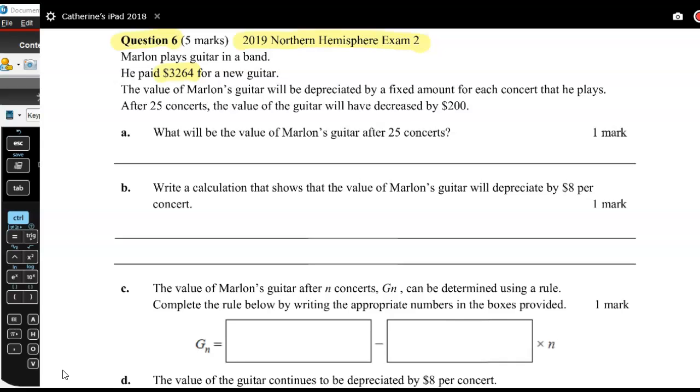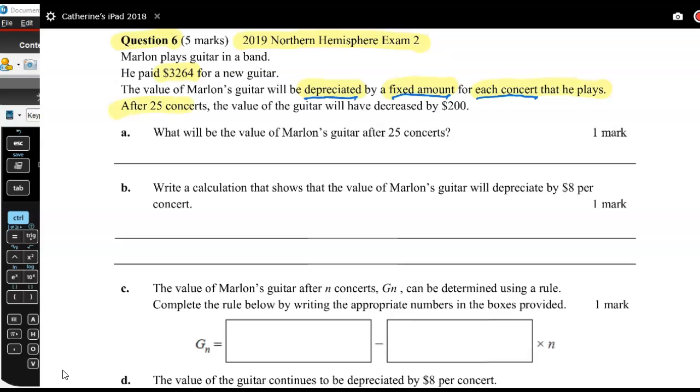The value of Marlon's guitar will be depreciated by a fixed amount for each concert that he plays. So here you've been told we're looking at depreciation by a fixed amount. That's the same amount every time, for each concert. So we're not looking over time, we're looking at each time he plays a concert.